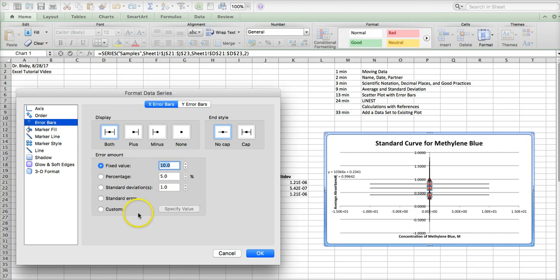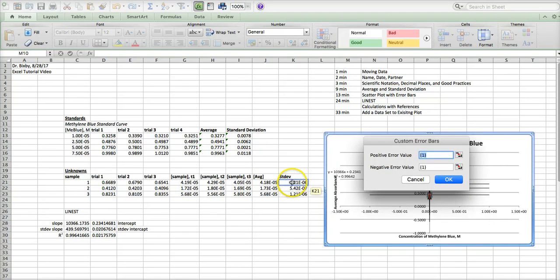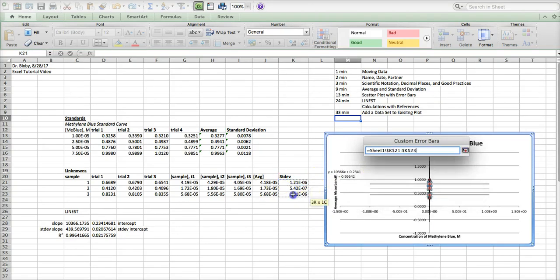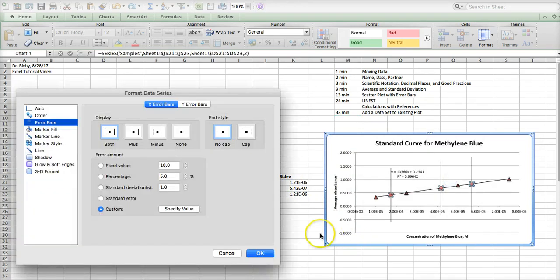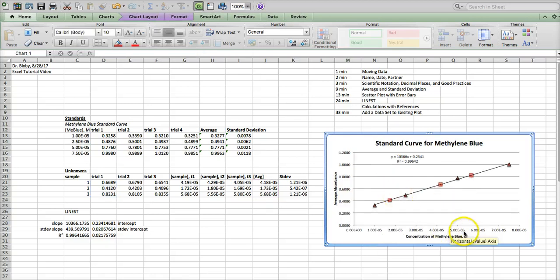They're concentration error bars. So I'm going to go to custom, specify, and I want to choose my plus and minus from my standard deviation on my actual chart. And then this, I can just delete that because that's meaningless.